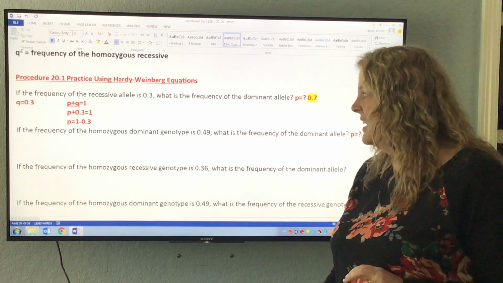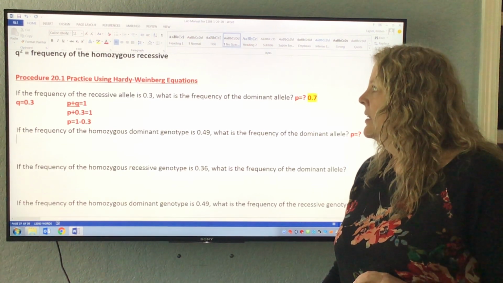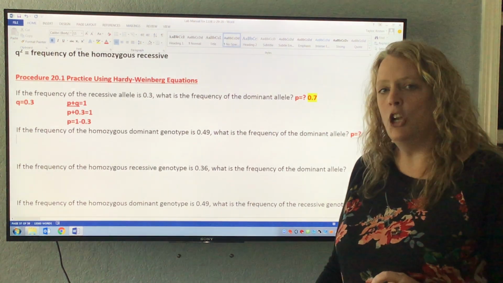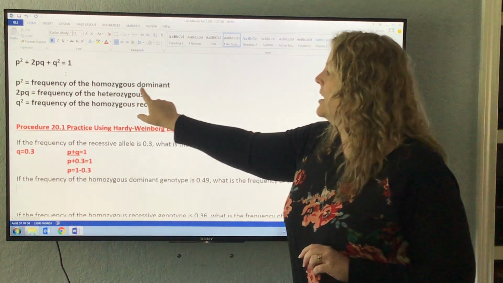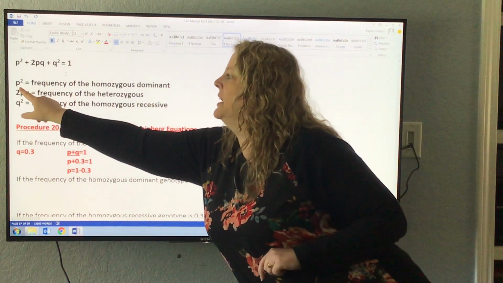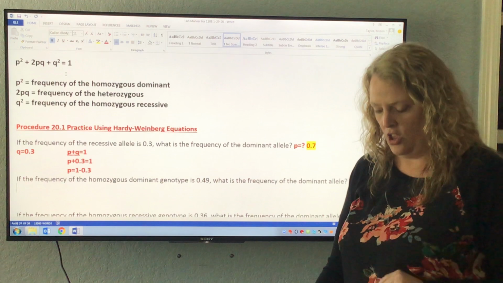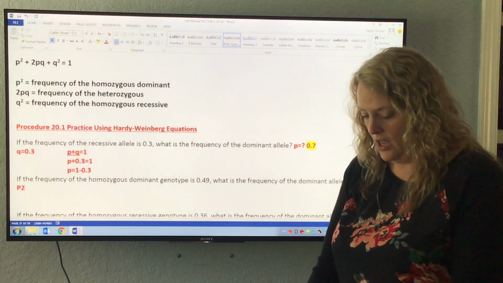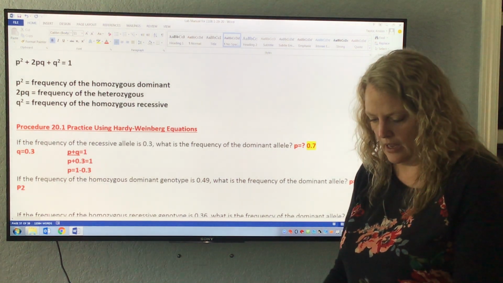Okay, you're given in your problem the homozygote dominant genotype. Remember, homozygote dominant genotype is P squared. P squared. Okay, I'm going to get a little creative here. Hold on, give me a minute.